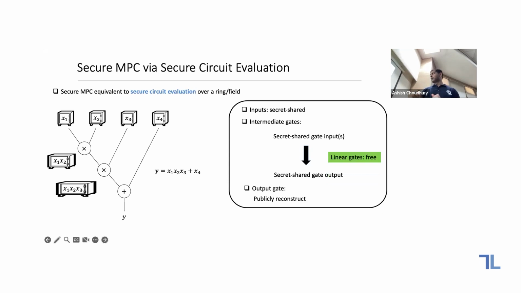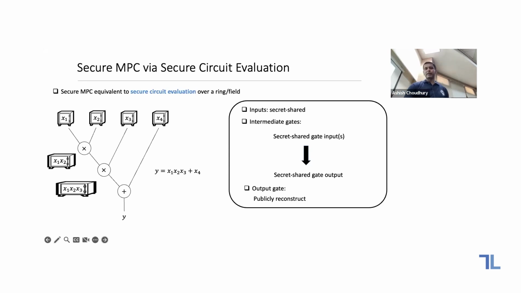Now in this invariant, we expect the secret sharing to satisfy the linearity property so that linear gates can be computed non-interactively, for free. By free here, I mean that to maintain this invariant, we do not require the parties to interact with each other.